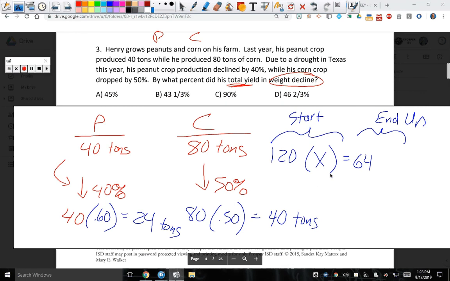Then I divide 64 over 120 and press control enter to get my decimal answer. I get this number right here, and I have to subtract it from 1. This shows a decline because it's less than 1. So you'll say 1 minus that answer and you get 46 and 2/3%.